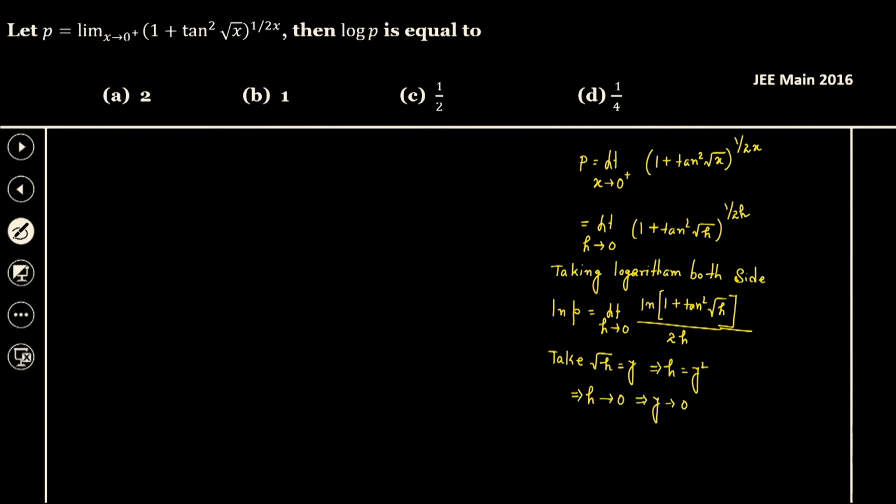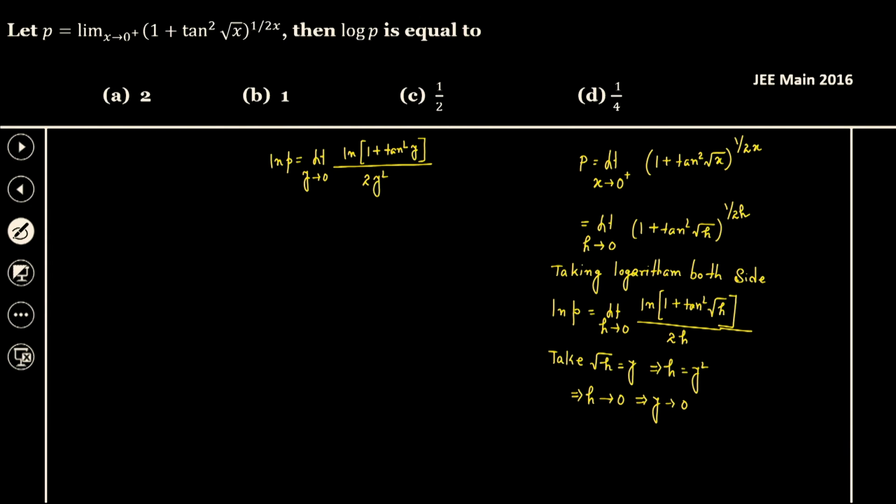So therefore the limit, now we'll convert it to y. So let's go ahead. ln P is equal to limit y tends to 0 of log of (1 plus tan square y) divided by 2y square.